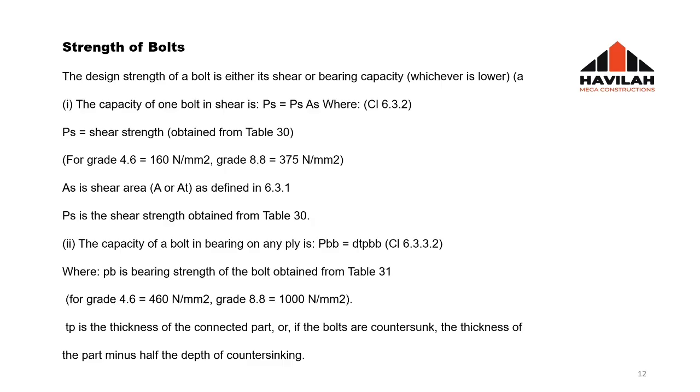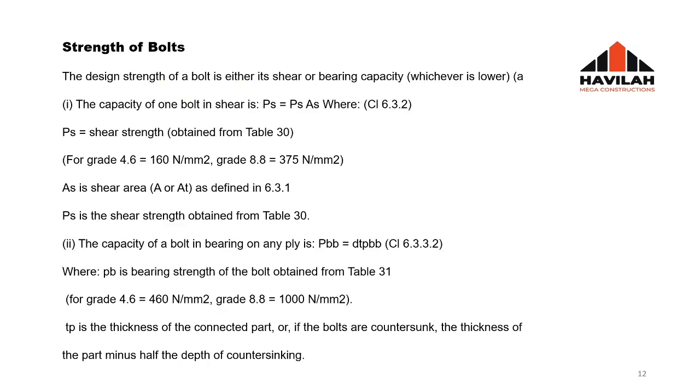So how do we determine the capacity of one bolt in shear? The shear capacity or shear strength Ps equals ps As, as in clause 6.3.2 of the BS 5950 that you already have with you. For grade 4.6 and grade 4.8, I already showed you all those values on table 30.